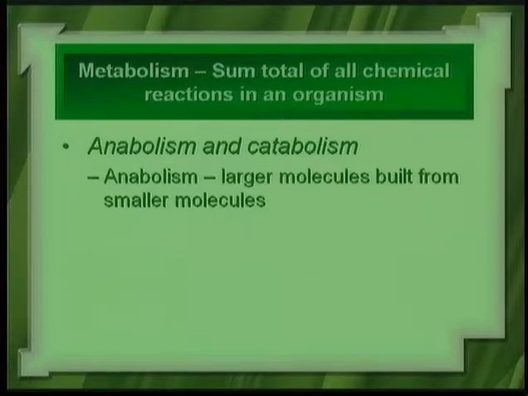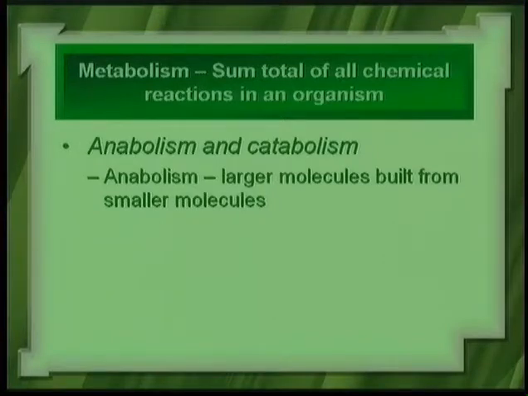You can remember which is which because most people have heard of anabolic steroids. So what do anabolic steroids do? They are substances that people take, usually young fellows who are into bodybuilding, they want to bulk up, so they might take these steroids. So with anabolic steroids, you can think of building up, getting bigger, okay? Smaller molecules making larger molecules. So that's what you call anabolism.